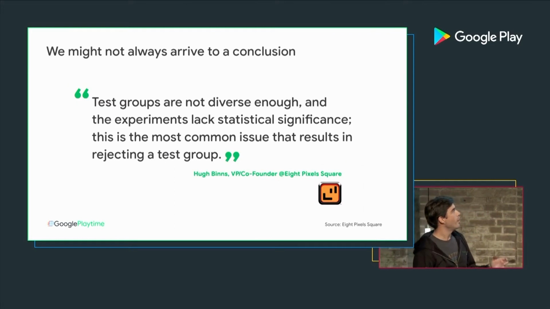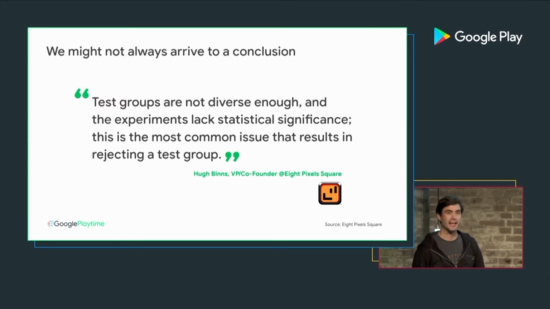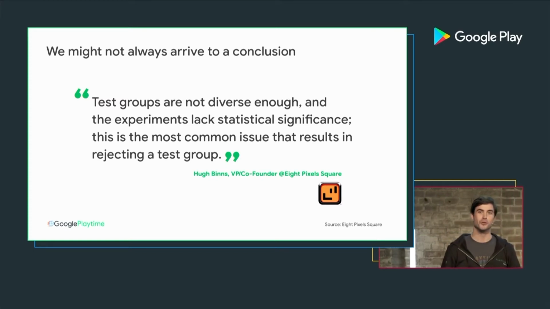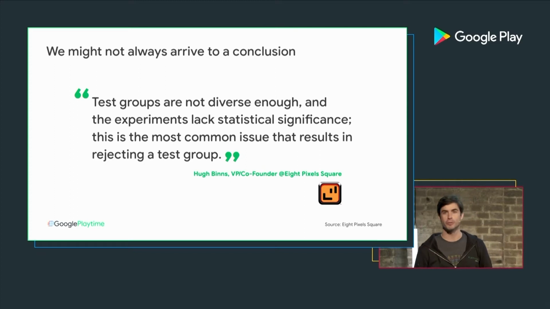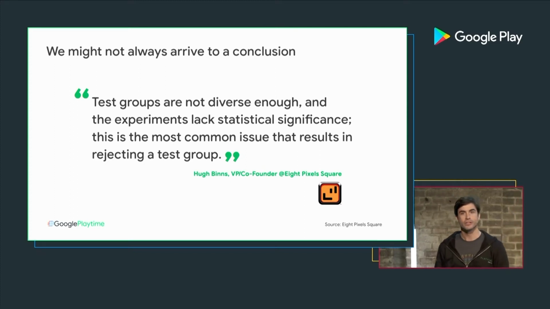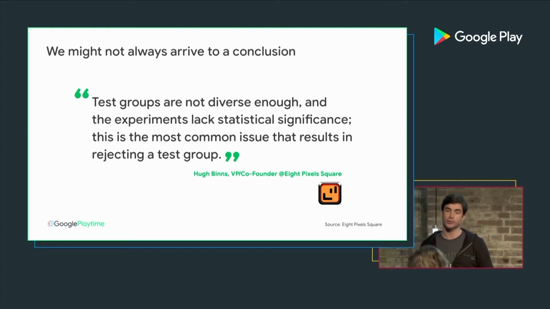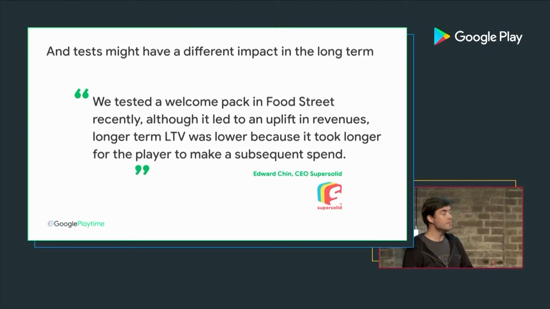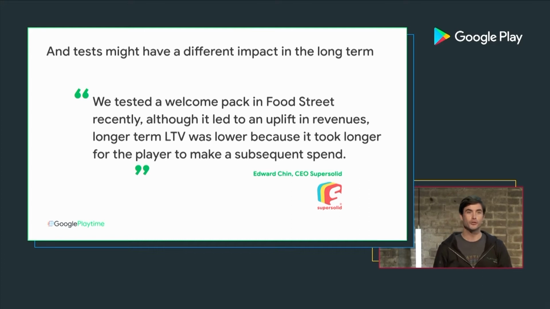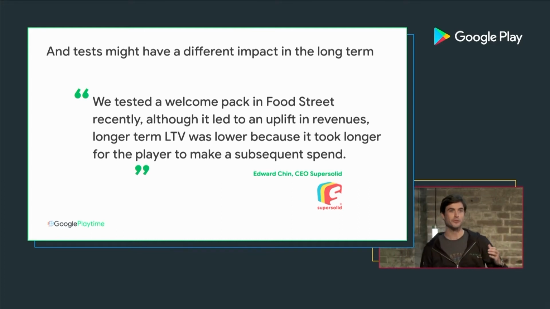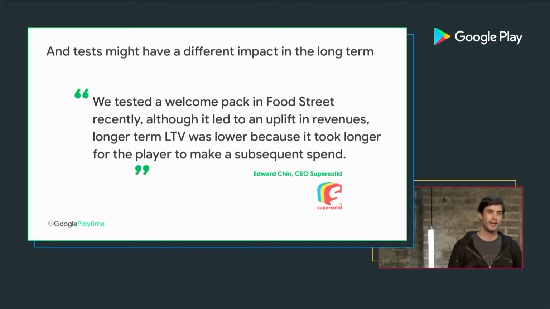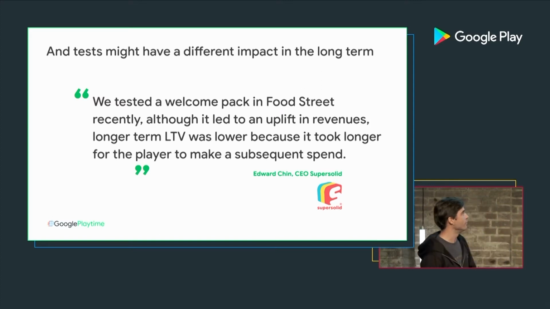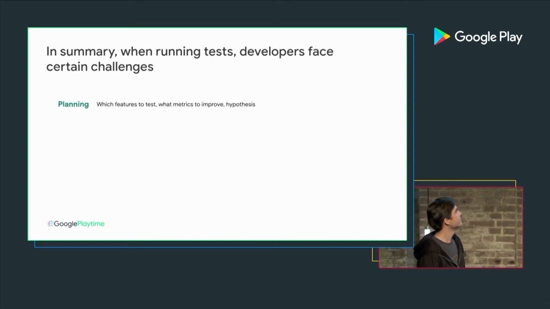Also, Hugh, who's here, was telling us that sometimes you have no conclusions because there's a lack of significance, or the sample or the data is not diverse enough. And sometimes we have very good short-term results, but this leads to long-term bad outcomes, as SuperSolid was mentioning.